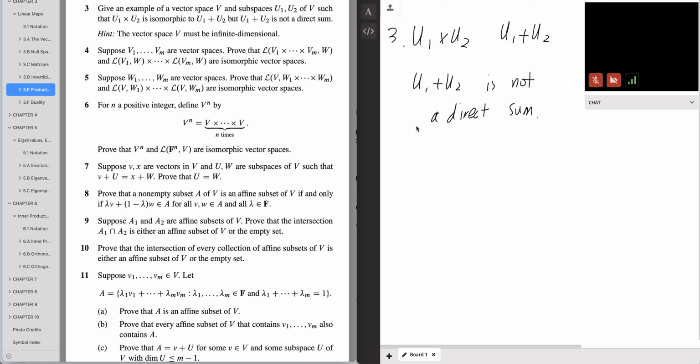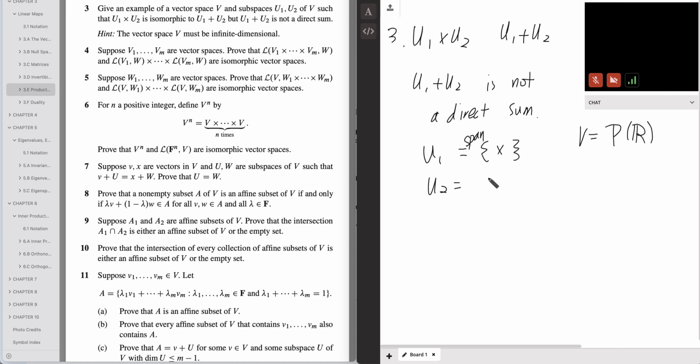So I'm beginning to think that maybe you can construct some sort of example. Maybe you can say that U1 is spanned by X. Of course, I want to describe that V is the space of all polynomials over the reals, for example.